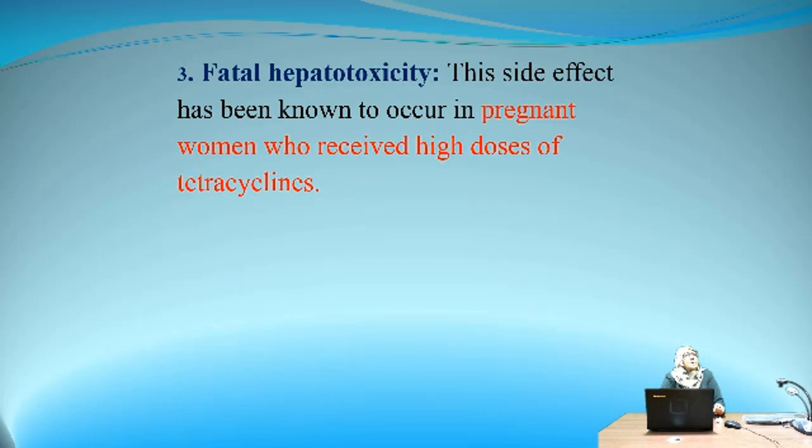Fatal hepatotoxicity. This side effect has been known to occur in pregnant women who receive high doses of tetracycline. So, when pregnant women receive high doses of tetracycline, it can lead to fatal hepatotoxicity.